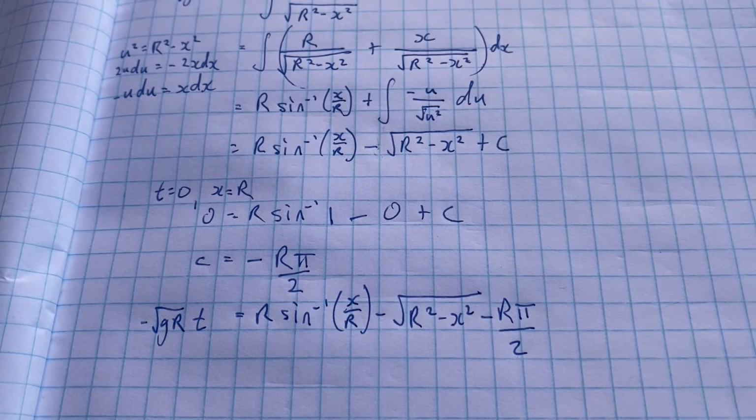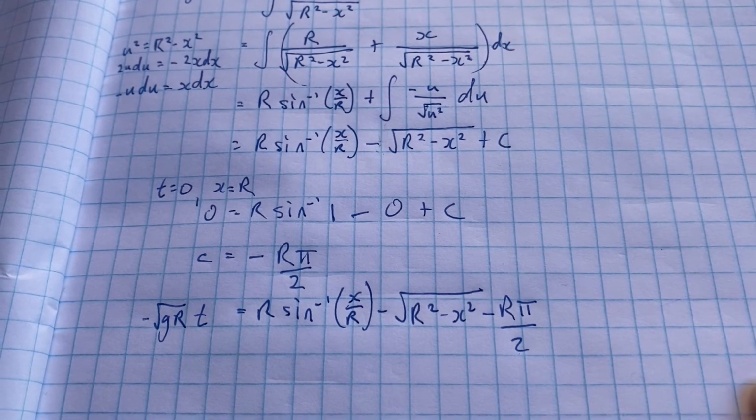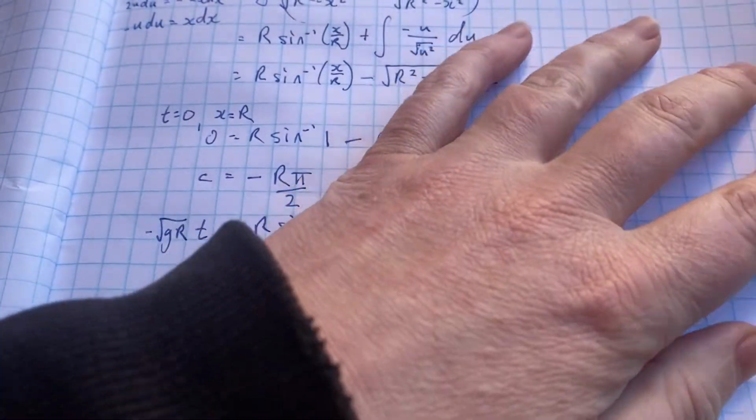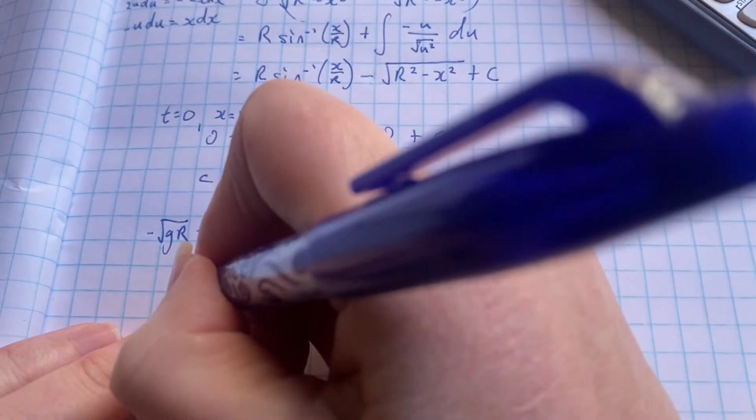We're almost there. We were asked to find an equation for t. So technically at this point, if you just divide each side by that negative square root of gr, you have answered the question. So I'll just do that.